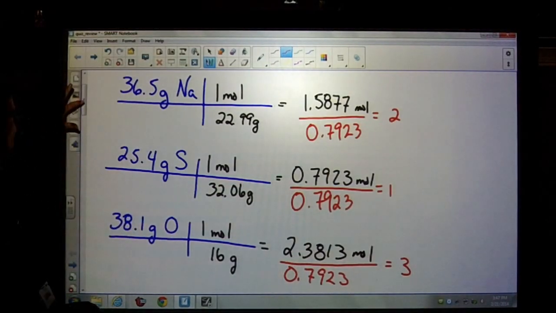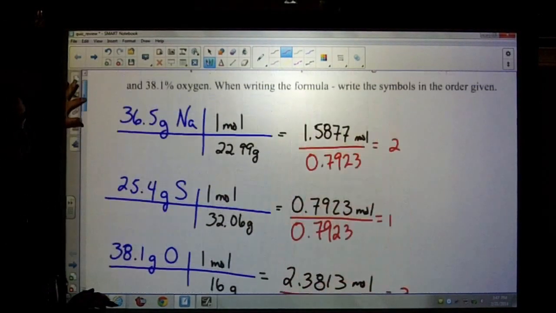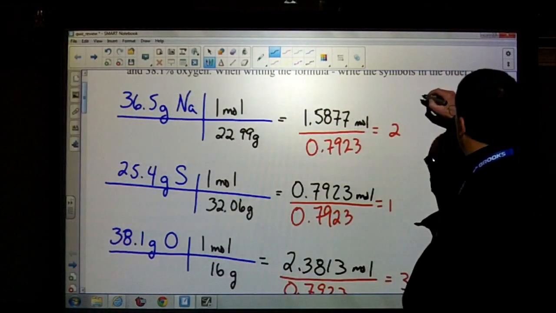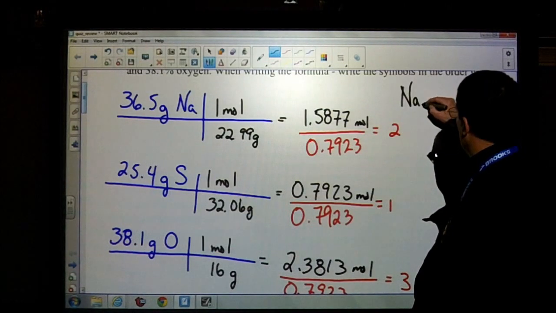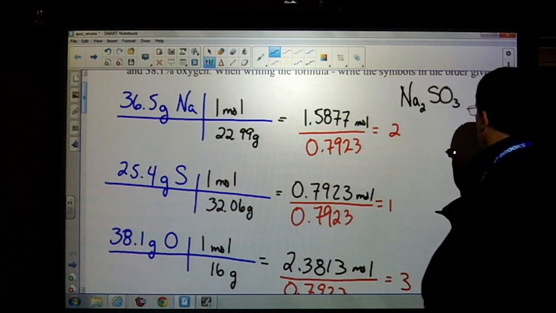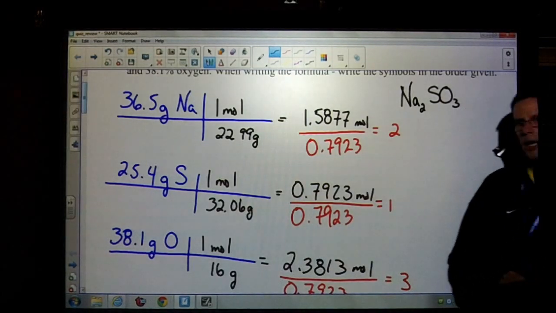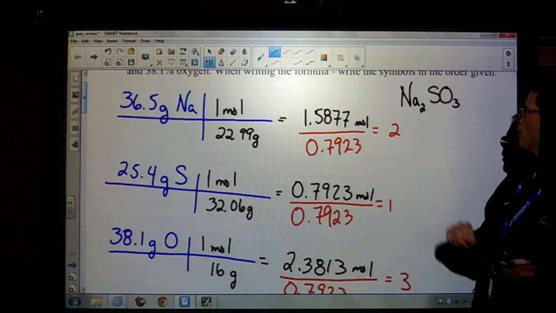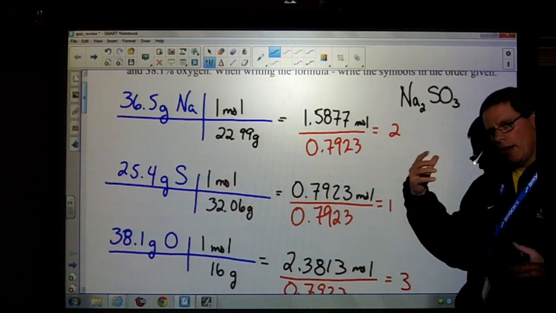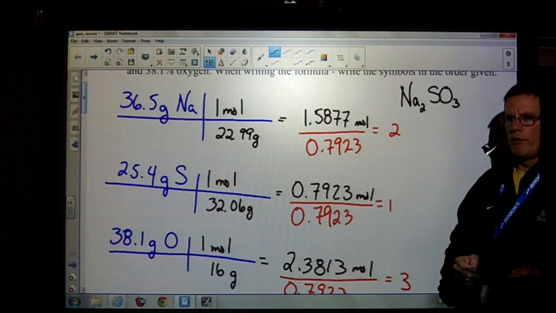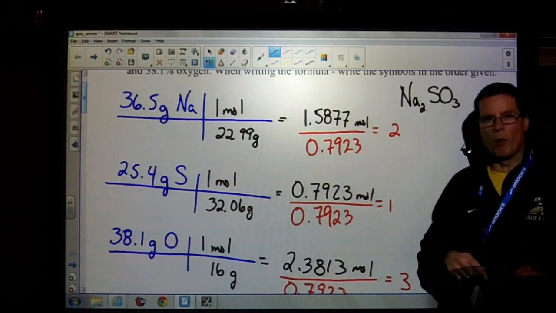So what we want to do is, again, we want to write out our formula. Let's do it over here. So we have 2 sodiums, we have 1 sulfur, and 3 oxygen. Now, some of you may recognize this or remember this from first semester. If we cover up the sodium, we have something from sulfate.